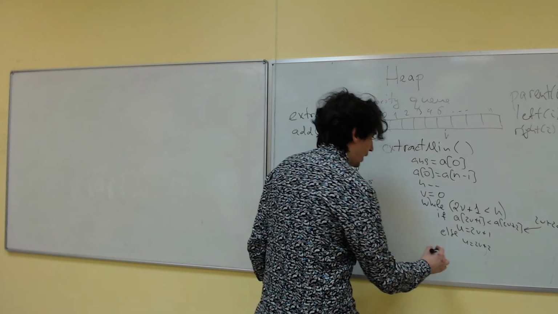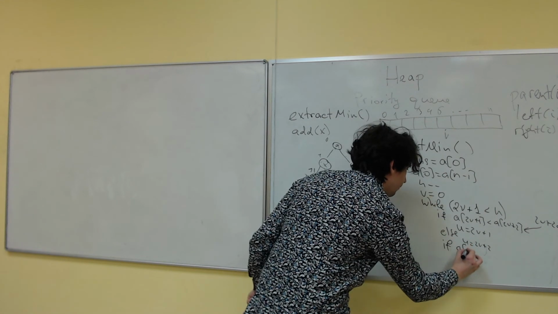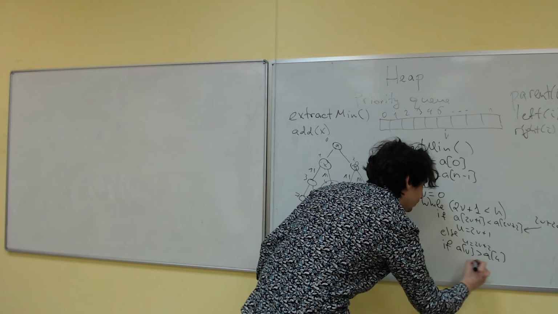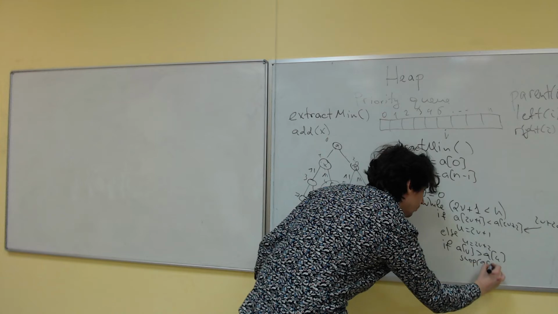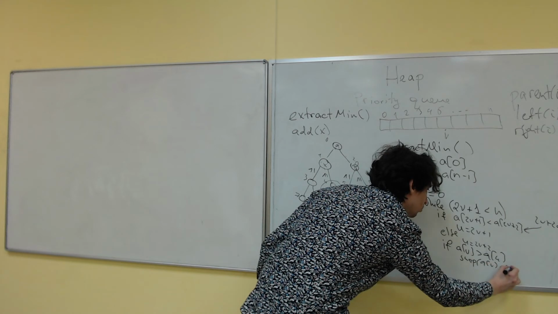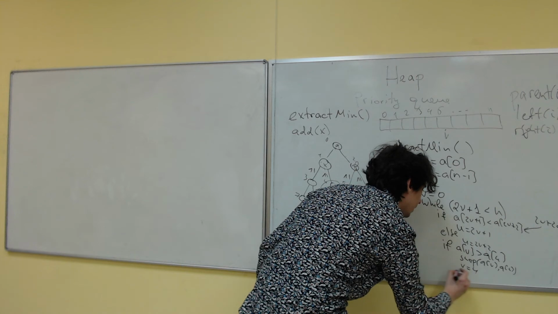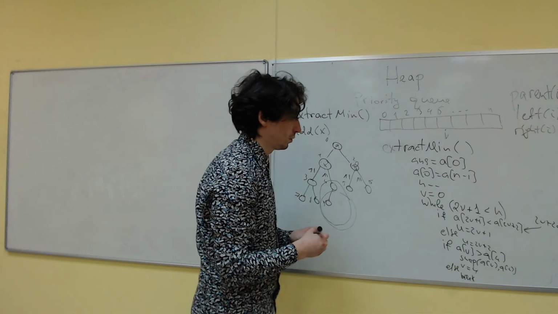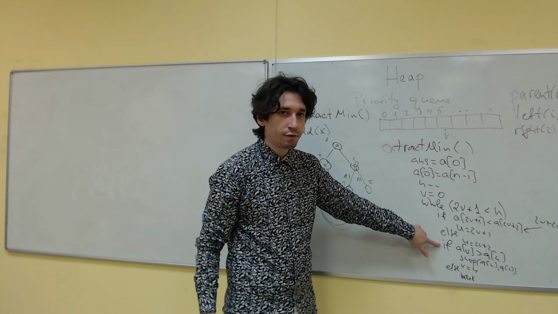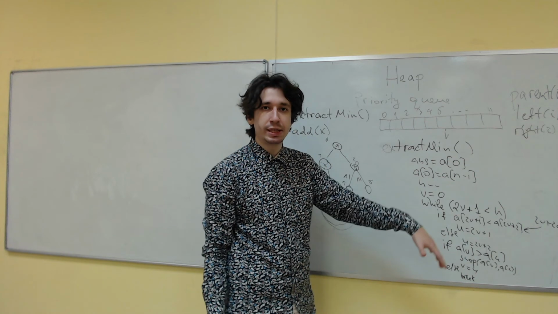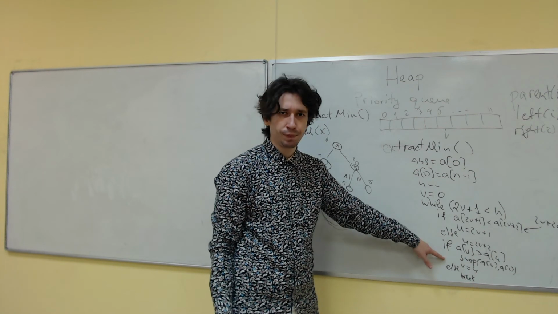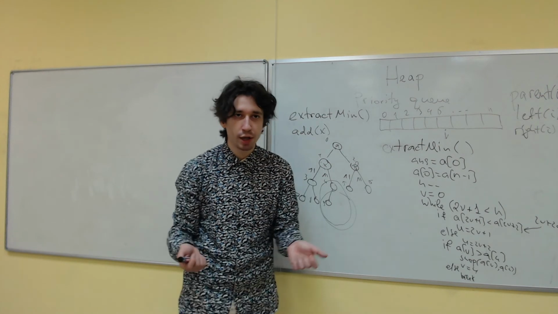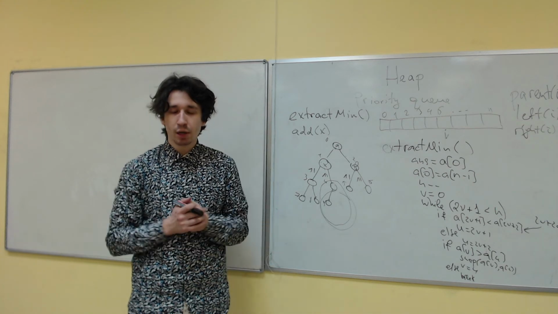Okay, and then we say if a[v] is bigger than a[u], then swap a[v] with a[u] and set v to u. Otherwise, break. So if the current value is bigger, then we should shift it down and go to the corresponding child u. Otherwise, we break out of the loop because nothing will change later. Our data structure is already in good shape.